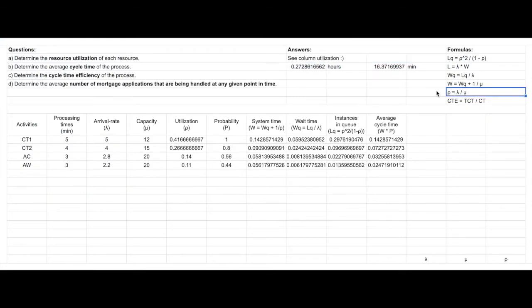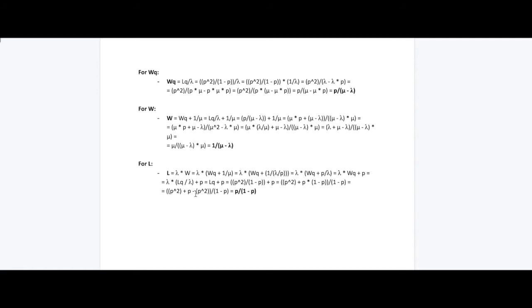We use the resource utilization, rho, equal to lambda divided by mu, and this is just the same as we can also write lambda equals rho times mu. And we explore this here.